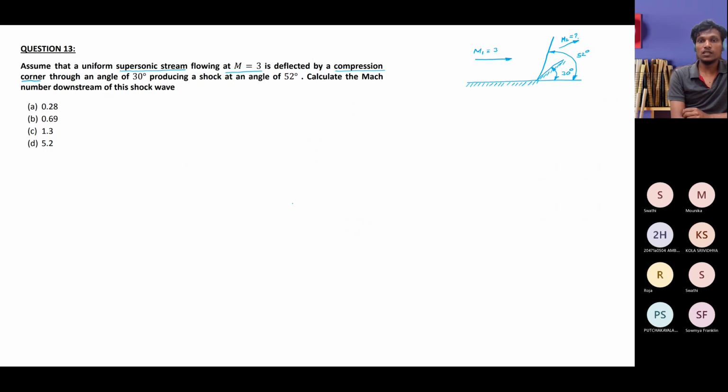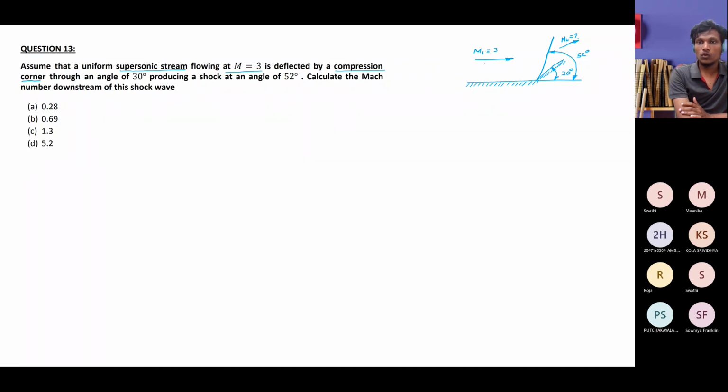The theory says that we can resolve the velocity perpendicular to this oblique shock wave line, and then we can treat that velocity as crossing a normal shock wave. What does it mean? It means this flow is passing through an oblique shock wave which is at an angle of 52 degrees from the horizontal, or the flow direction.